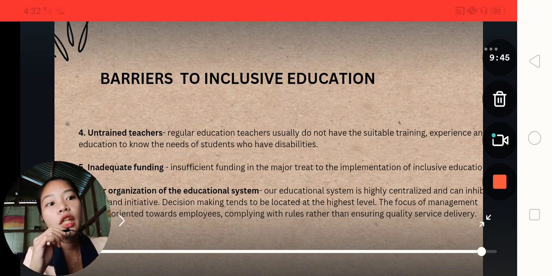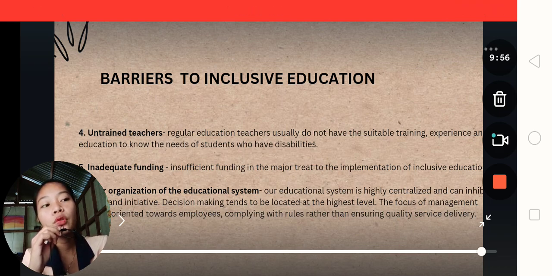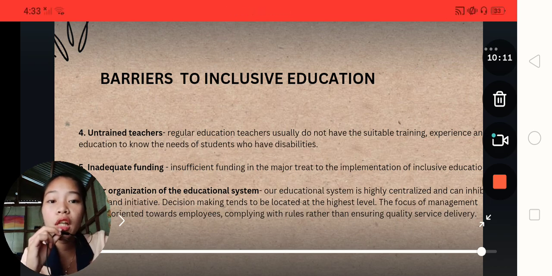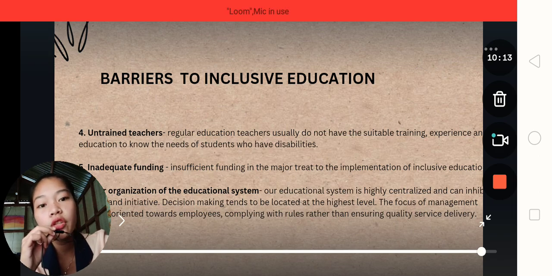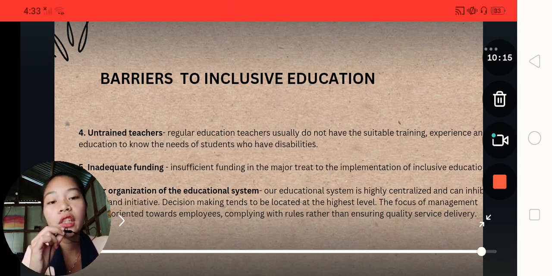So inclusive education is educating children with disabilities and children of any diverse background in regular classrooms with children of the same age group. That means that schools should accommodate all students regardless of their physical, intellectual, social, emotional, linguistic, or other conditions. That is called inclusive education.